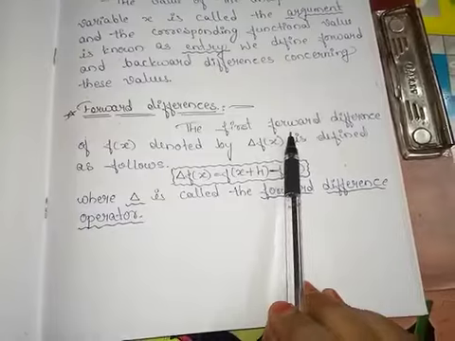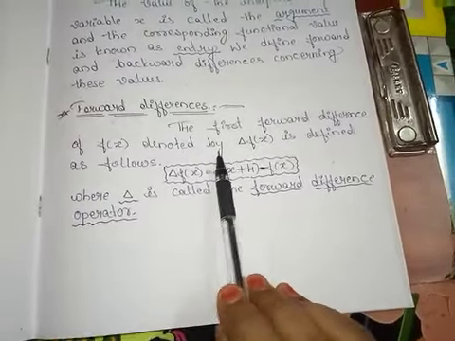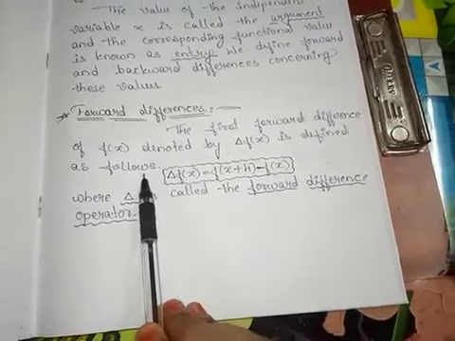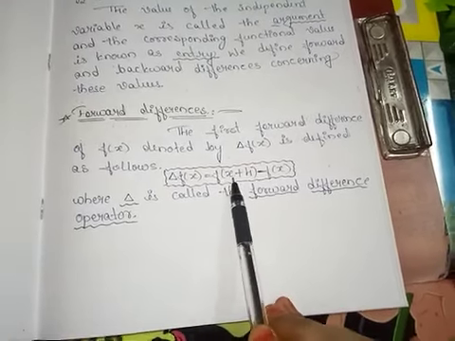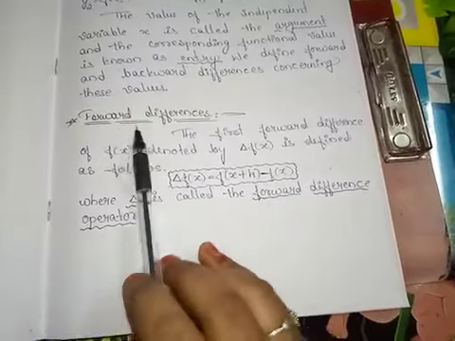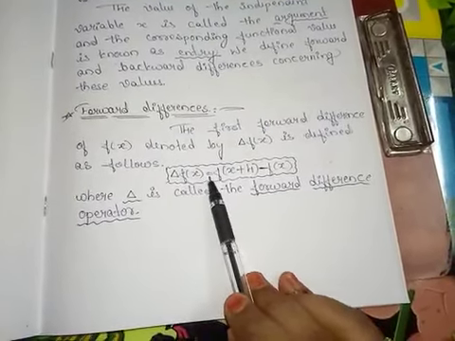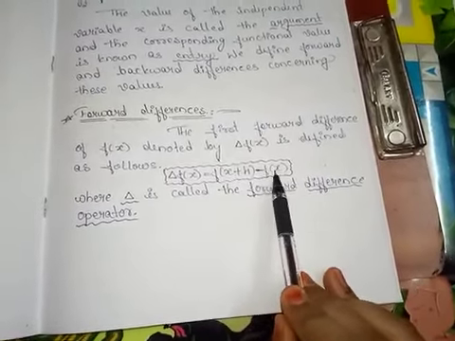The first forward difference of f of x, denoted by delta f of x, is defined as follows. Delta f of x is equal to f of x plus h minus f of x. Definition of forward difference is what? Delta f of x is equal to f of x plus h minus f of x.